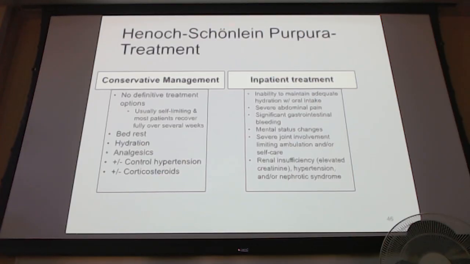If you see a patient with Henoch-Schönlein purpura, if they're not super sick, how are you going to manage them? Is this done in the hospital or at home? At home. Control hypertension and other symptoms.